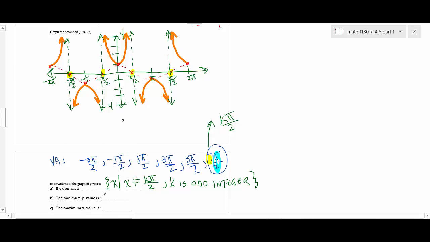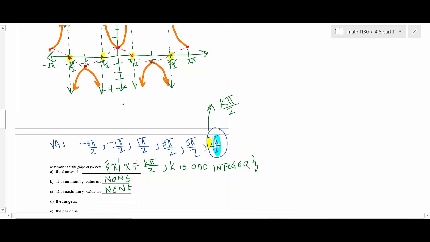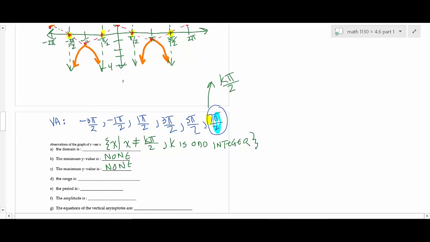And this one has no minimum, and it has no maximum. So if you look at the orange graph we drew, it doesn't have minimums or maximums on it. The range is the same thing as it was. It's -1 and below, 1 and above.